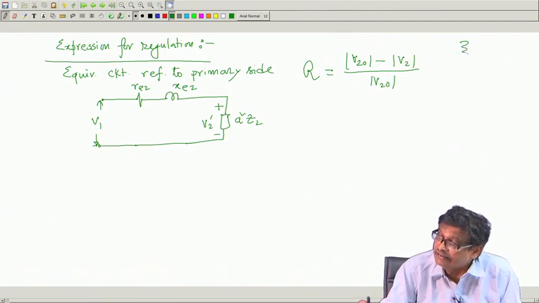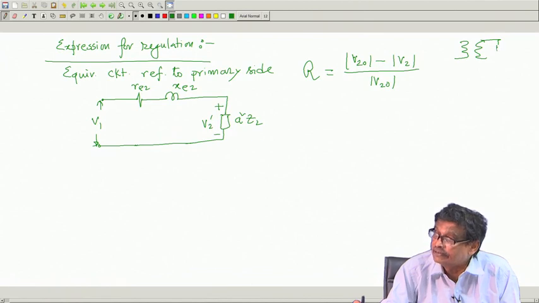What was this? Here was the transformer, here I am measuring all the voltages.